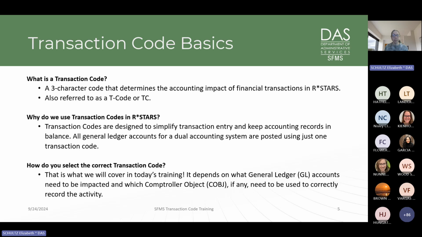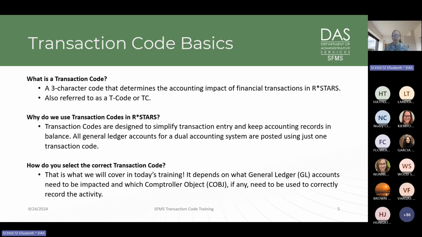You can go back and see what has been used in the past. We've got T-codes that are really common and are used frequently. But if you ever wanted to know how did that T-code get determined? Why am I using this particular one for this entry? Or maybe you've got a new entry and you're not sure what T-code to use. That's what we want to talk about today.